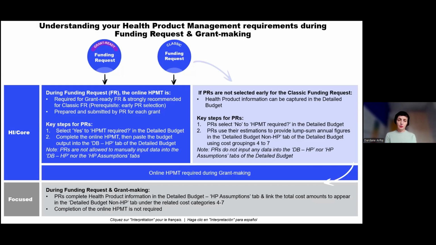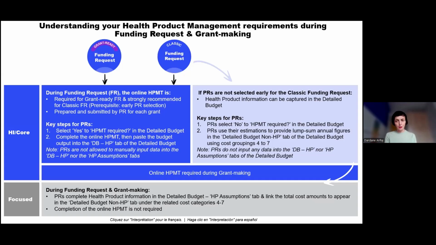What would be requested for the focus countries is that since they are still going to procure health products, but in much lower value and quantity, they will still need to provide some details, and they will do that directly in the detailed budget, the HP tab. That is, as Georgi said, and I'm repeating, reserved only for focus countries.